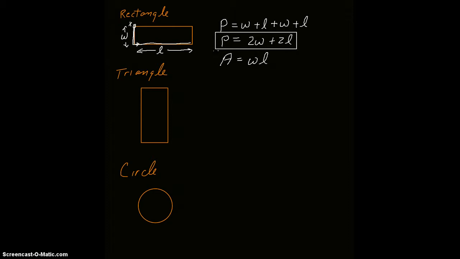So that's the area. Now notice the units on this. These are all lengths and perimeter, so say it's feet, it would be so many feet. But area is feet times feet, or square feet, right? Now I could use meters, inches, whatever unit of length.